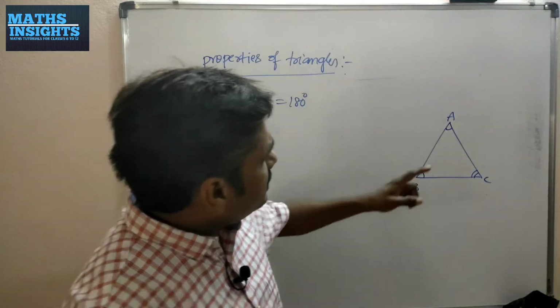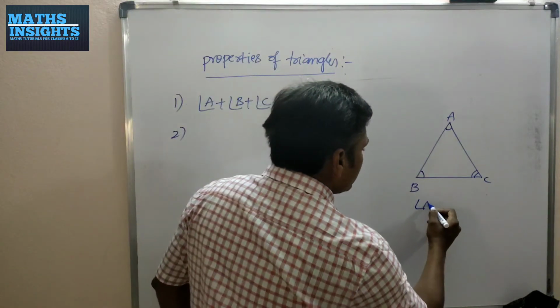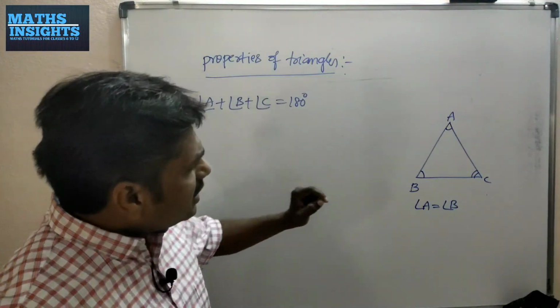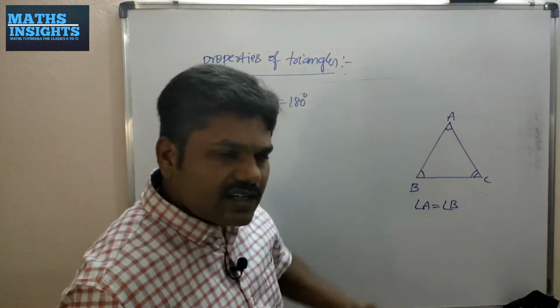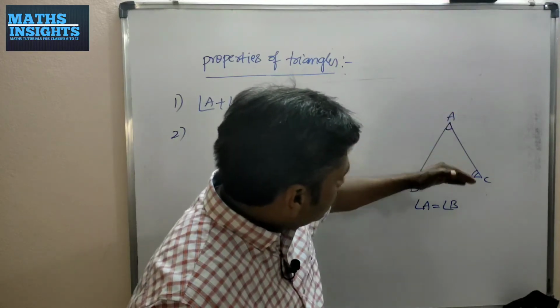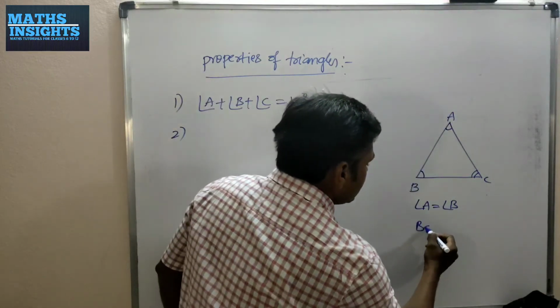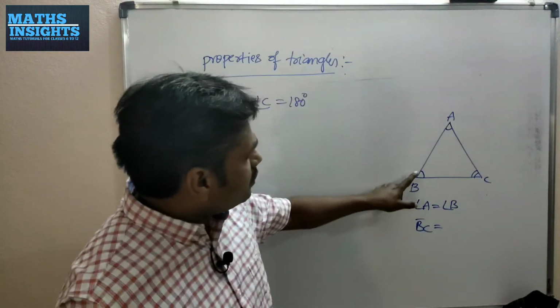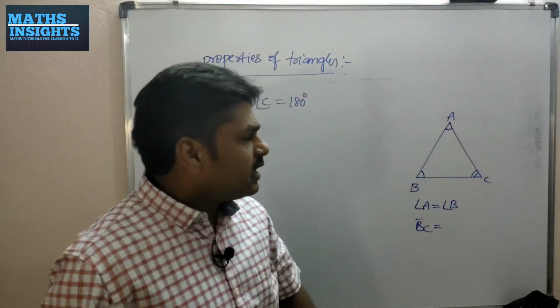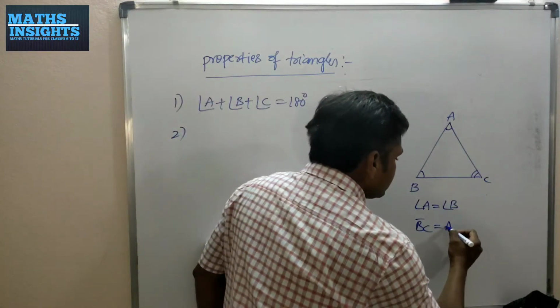What is the meaning of this? Angle A is equal to angle B. What I am going to say is, if two angles are equal, then the sides, see this angle A, the side opposite to it is BC. Length of BC is equal to, this angle is B and opposite to that the side AC is there.